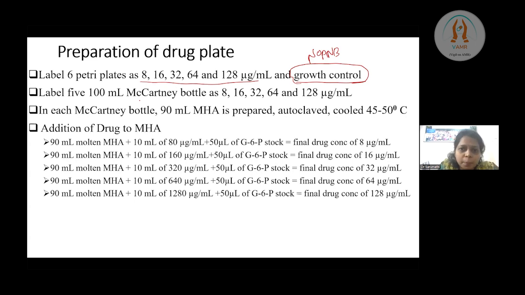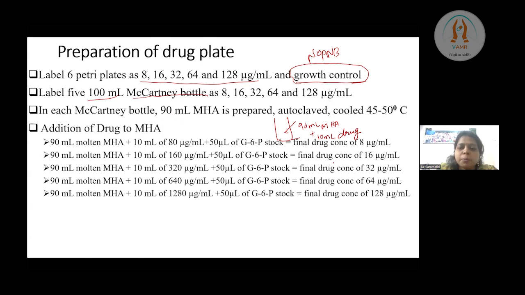so that we can pour it into many petri plates and keep it for future use also. So now I will explain how to go about preparing the drug plates for 100 ml. We take a 100 ml McCartney bottle. In each McCartney bottle, we take 90 ml of MHA molten agar plus 10 ml of working drug concentration.